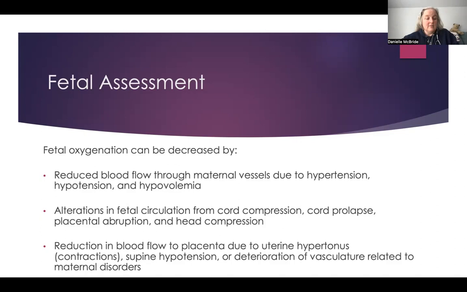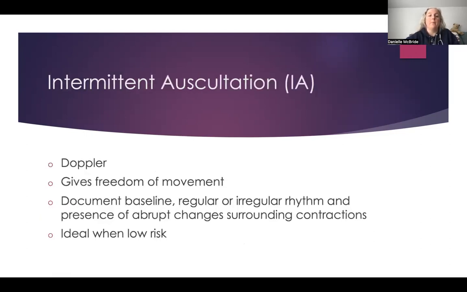If this is what's happening, then we are decreasing blood flow to baby that way. Okay, supine hypotension, we've talked about that before. If mom has disorders or lifestyle choices that affect her vascular system, I'm thinking about smoking causing chronic vasoconstriction, these are all things that can affect our baby.